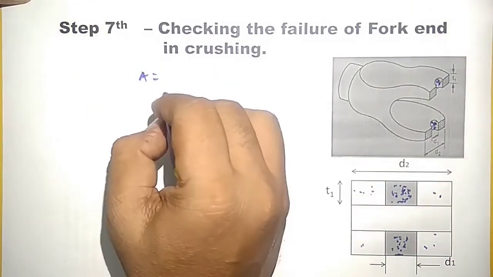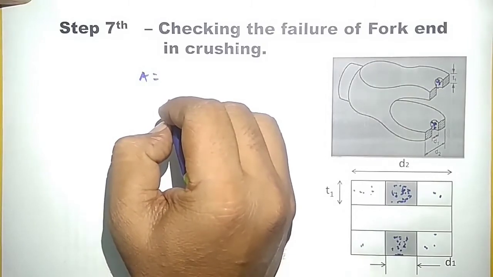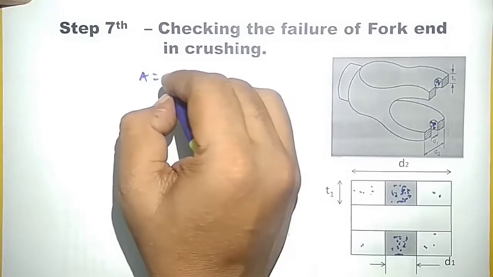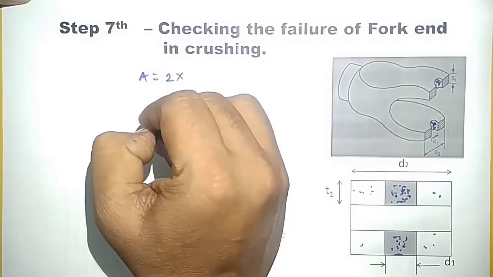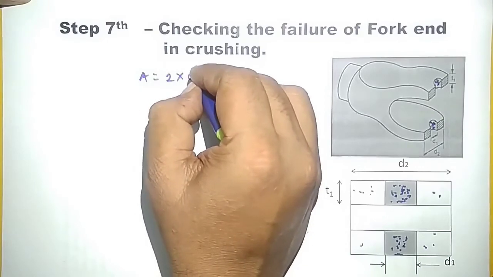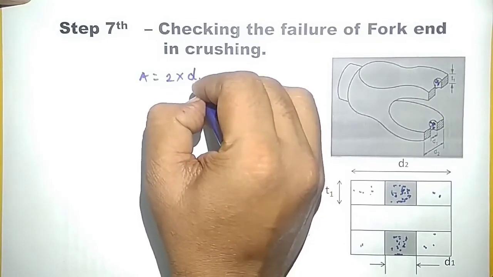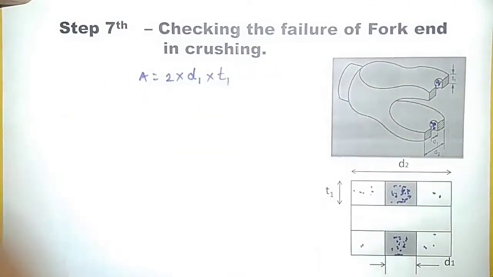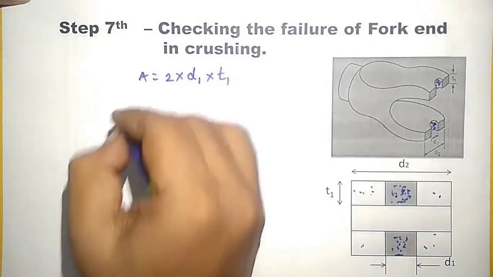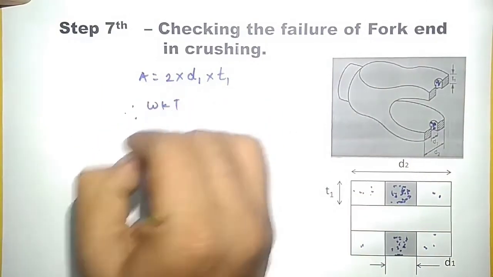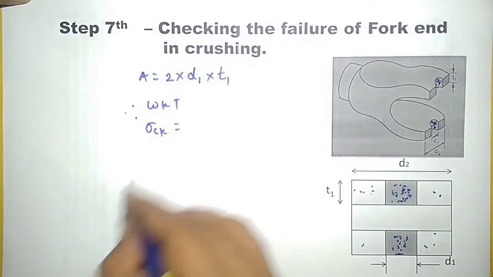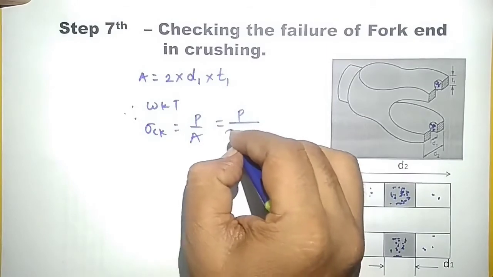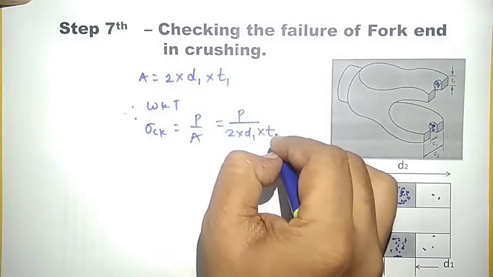So what will be the area under crushing? Two ends are there, so multiply by 2, where D1 is the internal diameter and T1 is the thickness of the fork. Therefore, the crushing stress sigma_c is given by P upon area, P upon 2 into D1 into T1.